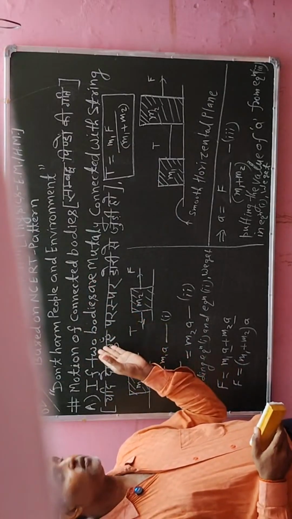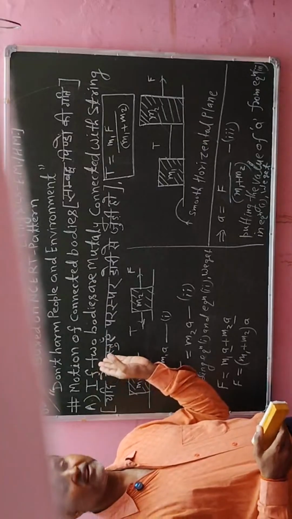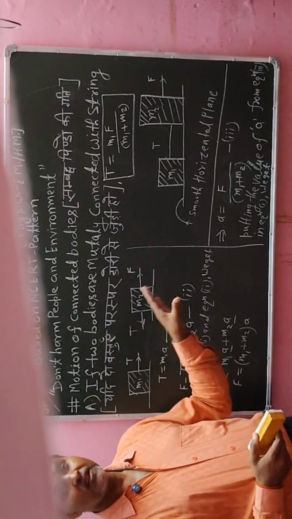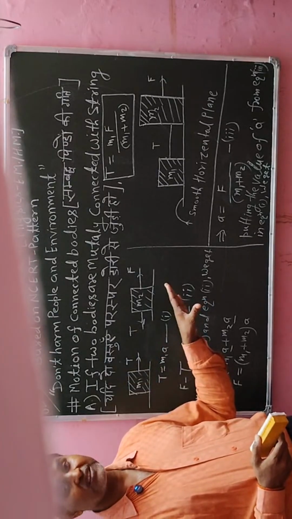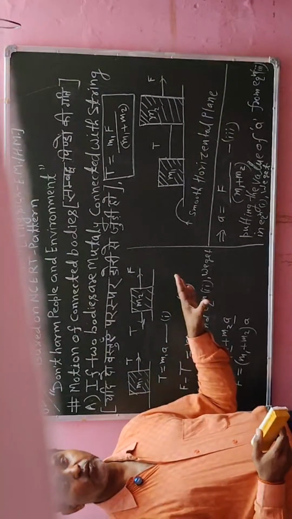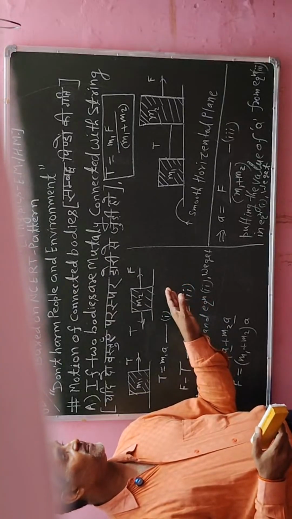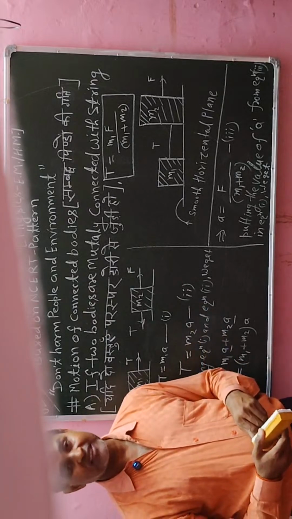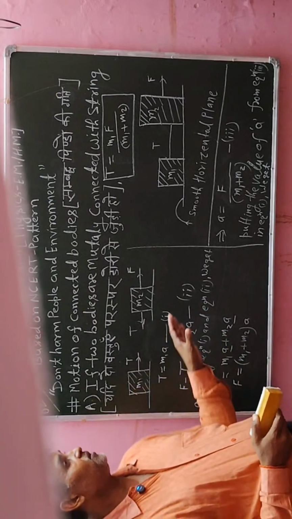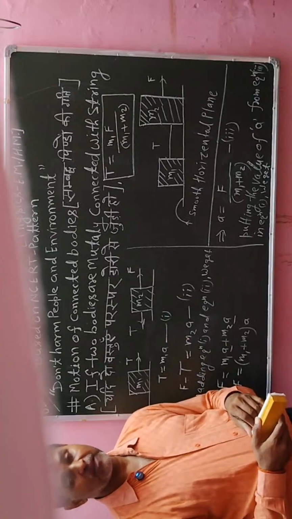Here I have connected two bodies. If I connect three bodies, I will use the same concept to find the tension force of each object and also the resultant force of the object, and its acceleration, because each and every object will have the same acceleration value.